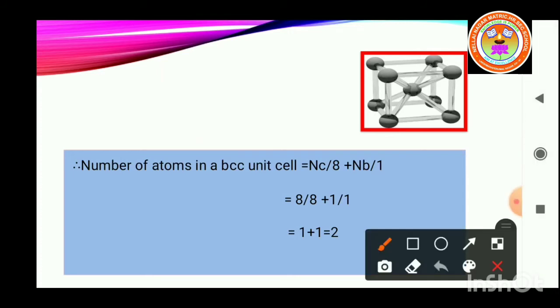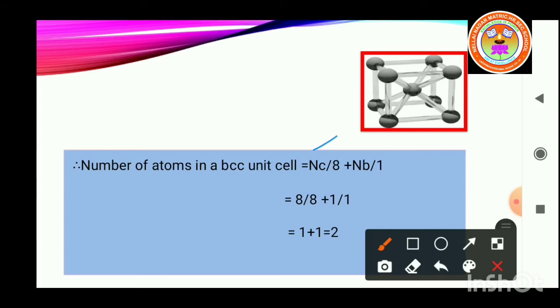See here, 8 atoms at 8 corners are shared by 8 unit cells, isn't it? So like a simple cubic, that's why NC divided by 8 plus NB divided by 1. What is NB here? NB is the number of atoms at the body center.